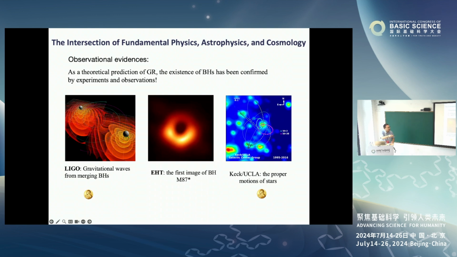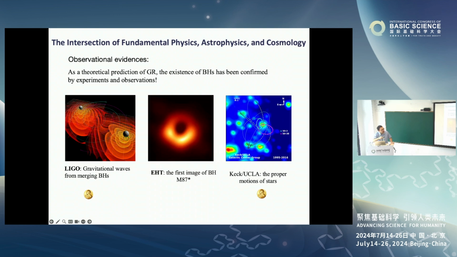Although a black hole, in its classical features, has no radiation and no light, it can affect the orbits near the black hole. So from the proper motion of stars, we will know there should be a massive object at the center.